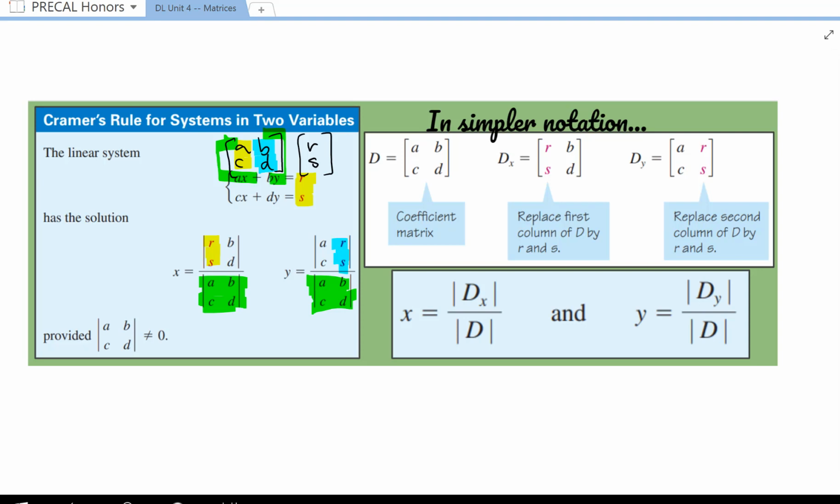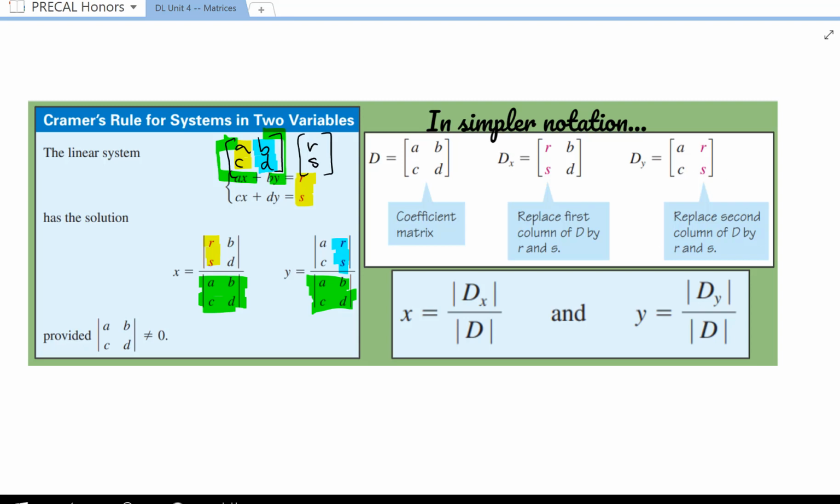In simpler notation, we write that D is the coefficient matrix, D of x is the replacement of x, D of y is the replacement of y's.